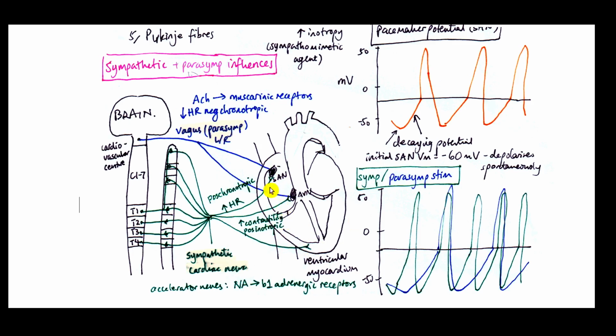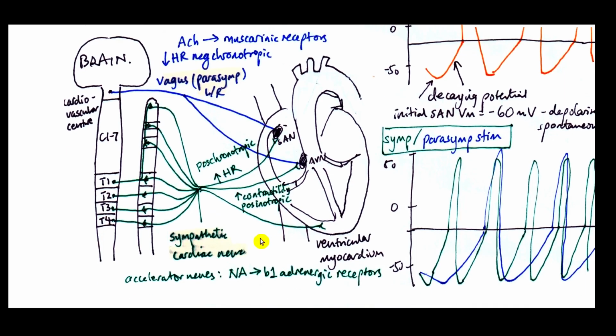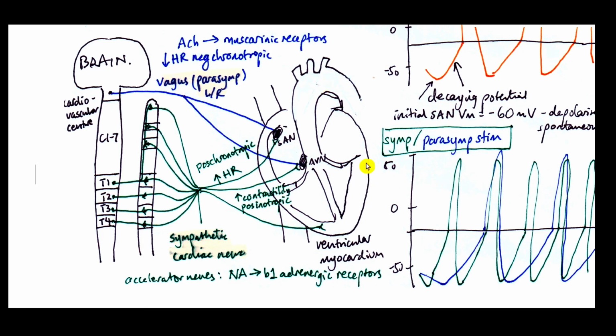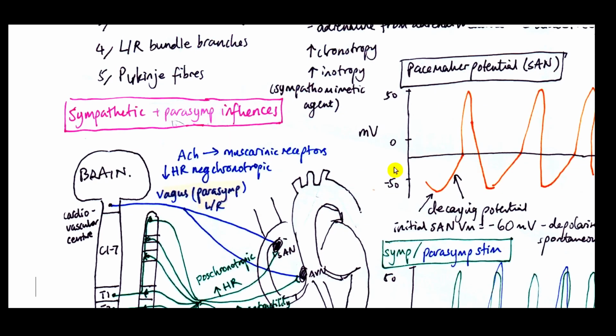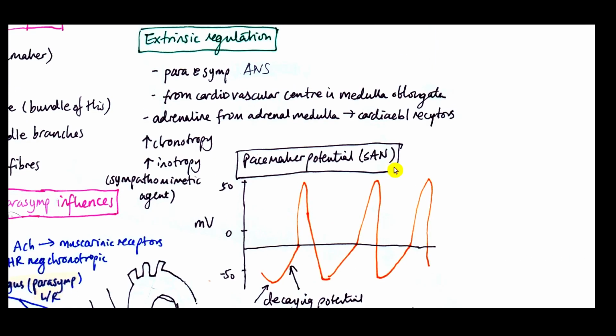So they have the capability of increasing heart rate, which is a positive chronotropic effect, and increasing contractility, which is a positive inotropic effect as well, because they innervate the myocardium. Now, the accelerator nerves, or sympathetic cardiac nerves, release noradrenaline, and this noradrenaline attaches to B1 adrenergic receptors and increases heart rate and contractility where appropriate in the areas.